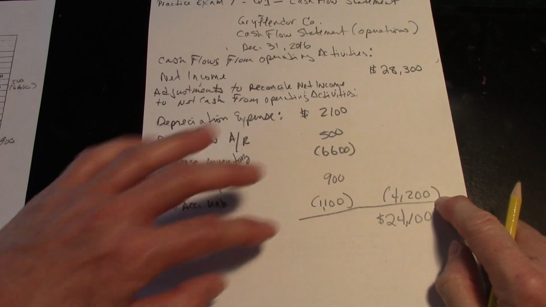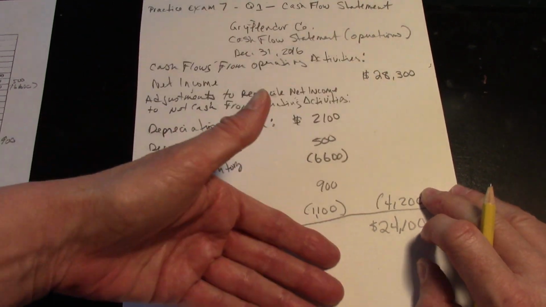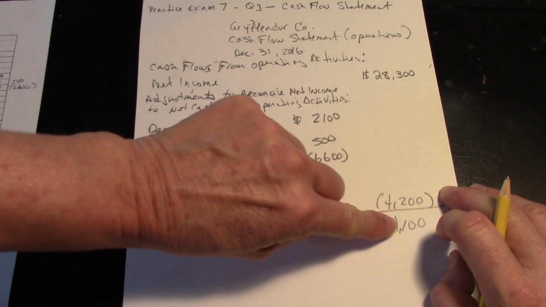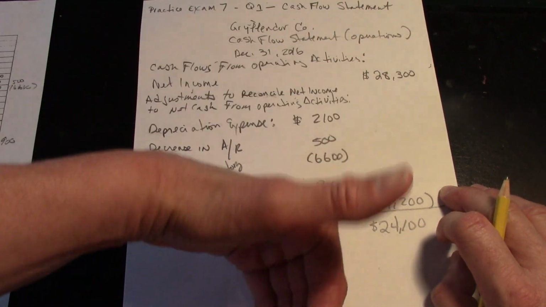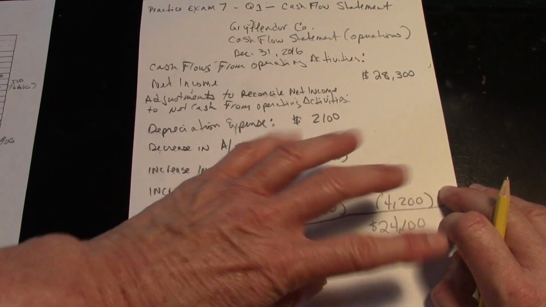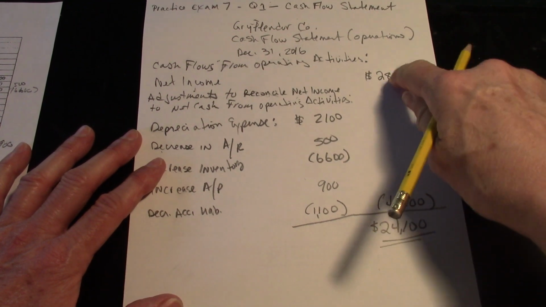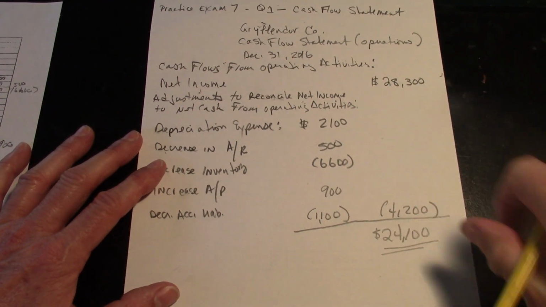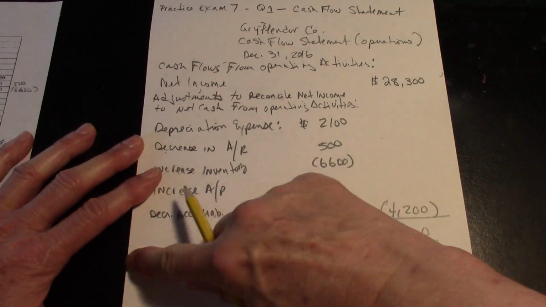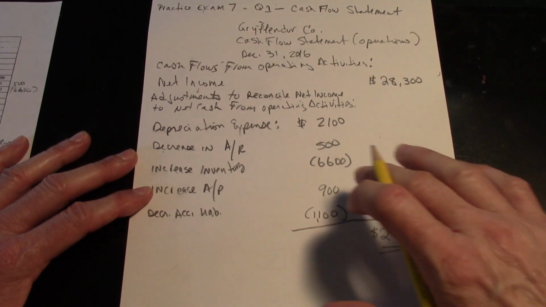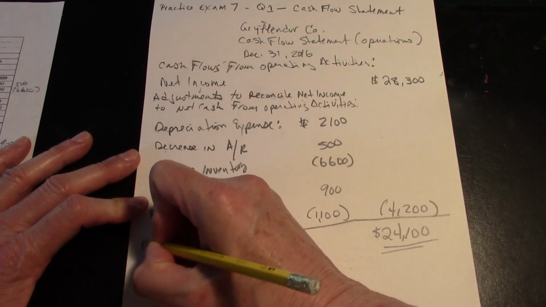Now, if that had been a positive number, then you would add that because cash would have flowed in. But in this case, cash flowed out. It's negative. So we have to take our net income and subtract the number. And this needs a title that is called Net Cash from Operating Activities.